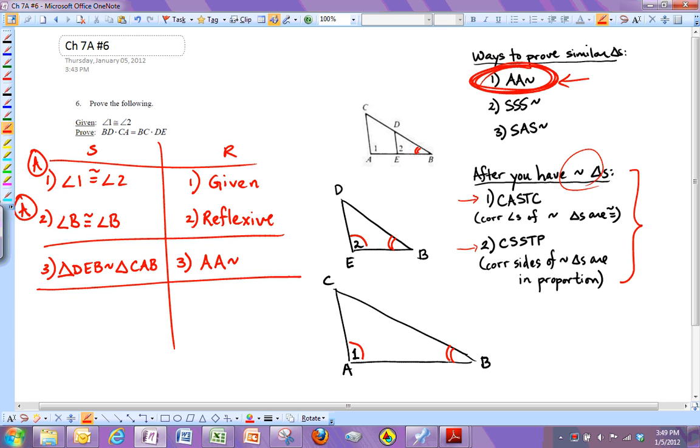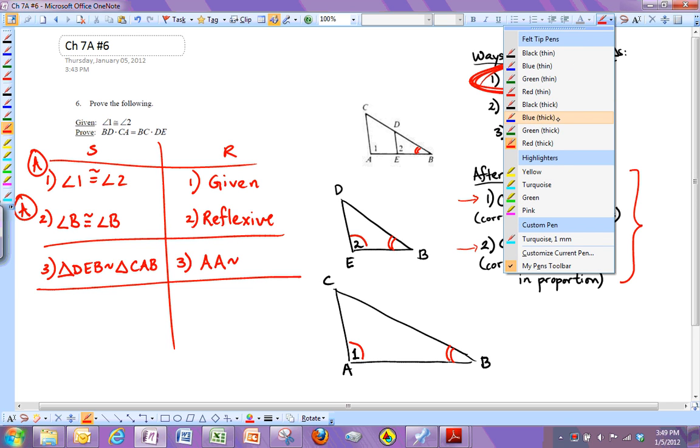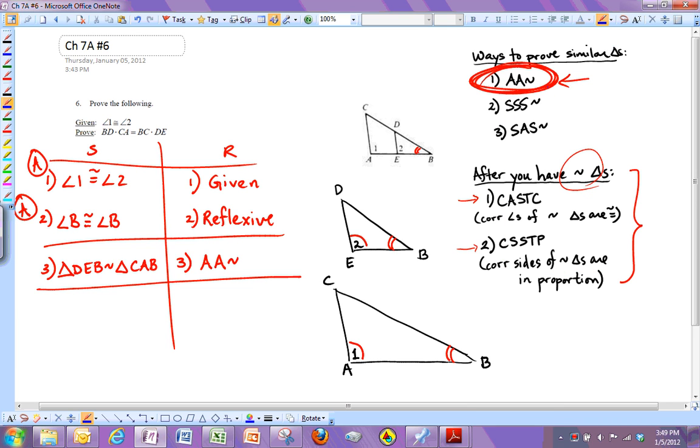Okay. Well, now that I have similar triangles, what I can do is I can kind of color code them. Like EB in the small triangle, right here, is going to have to go with AB in the big triangle because they are both between the one curve and two curved angles.